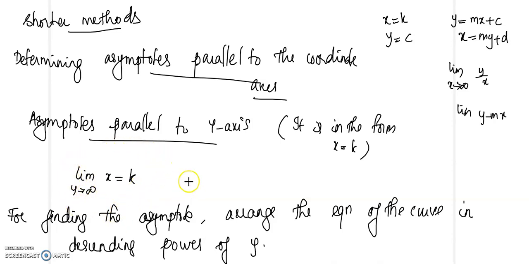Now since x equal to k is an asymptote, the limit as y tends to infinity of x must be equal to k. So let us use this idea to find the asymptote. We are going to arrange our equation in descending powers of y.